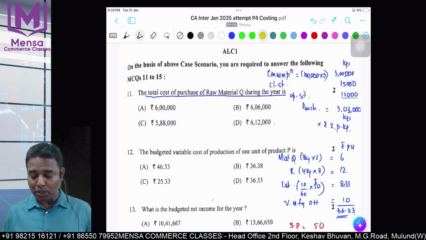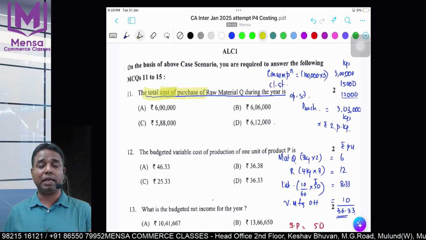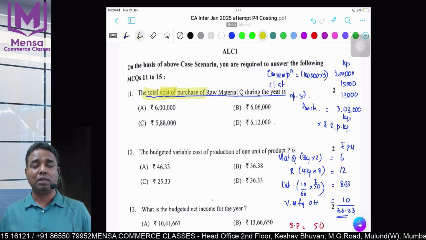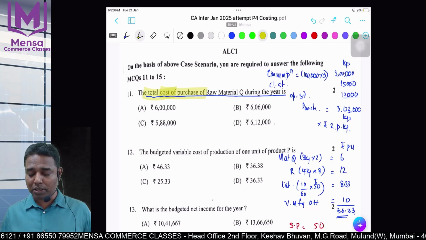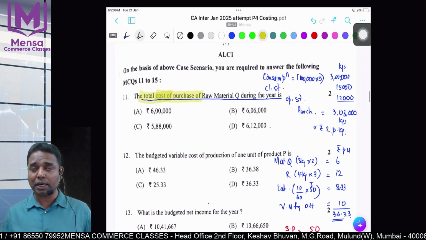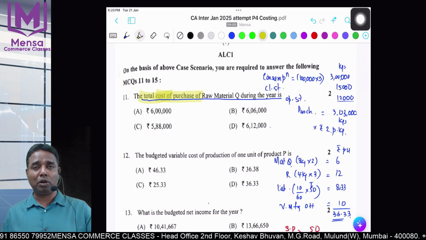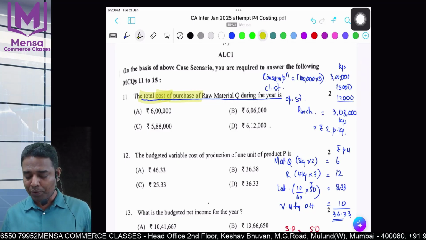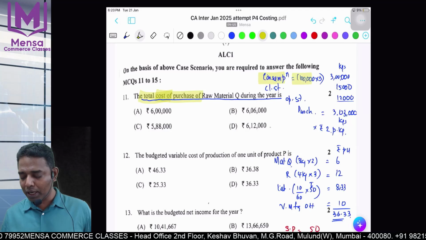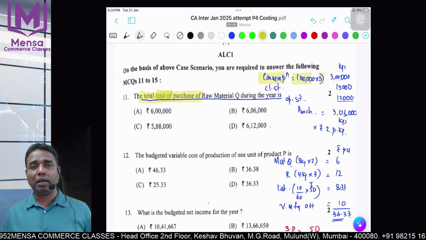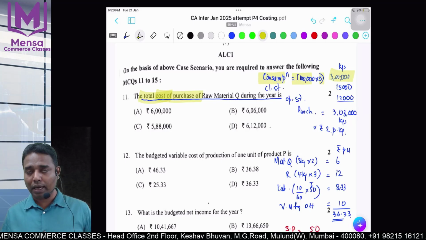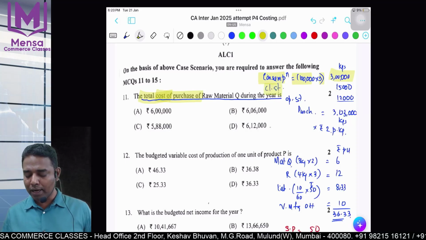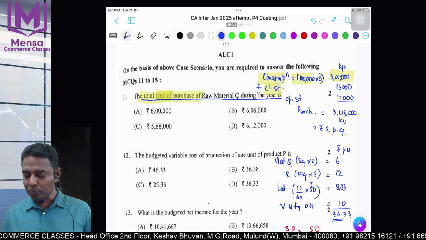It is the total purchase cost. So first I need to find out the quantity purchased. They have not given the quantity purchased, but I can find it because I know the opening stock, the closing stock, and the consumption. How much is the consumption? 1 lakh units, and for every unit you require 3 kgs, so 3 lakh kg is consumed. Add the closing stock, 15,000.